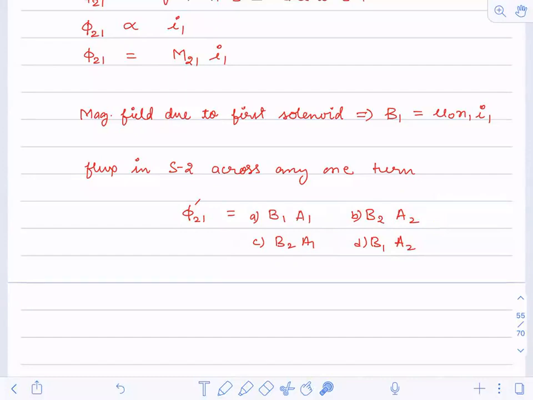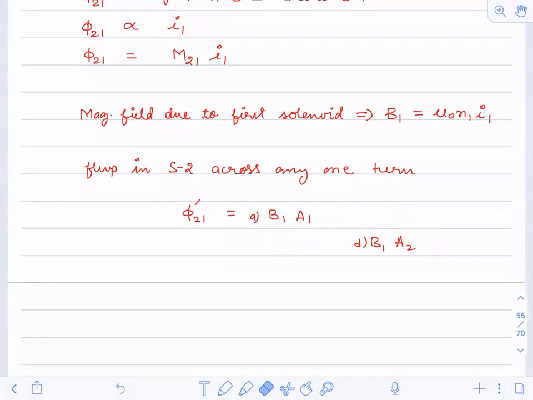Saying B2 is a wrong thing. Why? Because right now there is no current in coil 2. B2 exists only when current flows through the second coil. The current is flowing through the first coil, so saying that B2 will be the magnetic field is wrong. If you understand this, I'm removing this option.